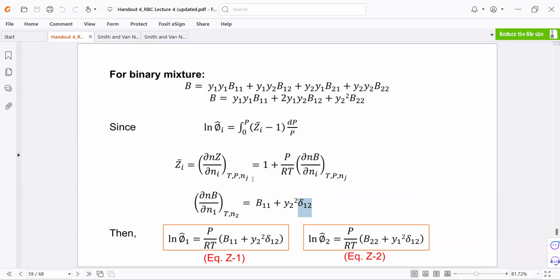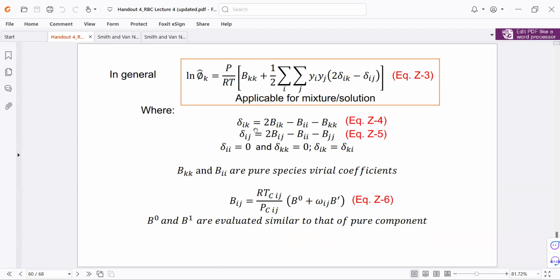Next, we substitute that back into our equation, from that one to here. And now we get an expression for the fugacity coefficient for species in solution, both for species 1 and 2 for a binary mixture, where sigma 1,2 is equal to this equation right here.